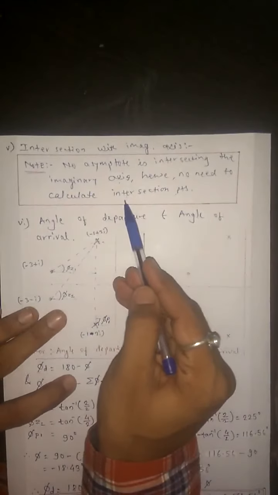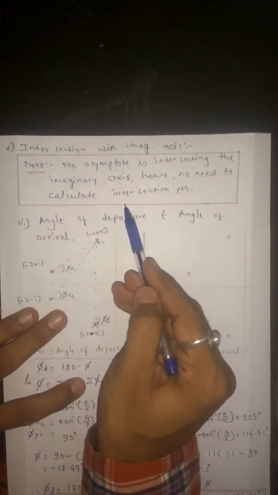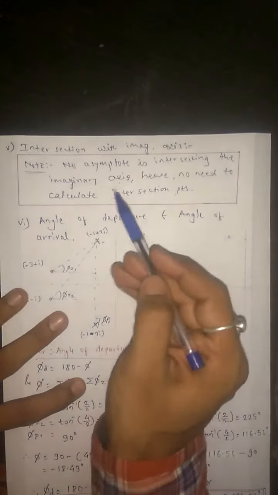Now the next step is intersection with the imaginary axis. In the asymptote step, no asymptote is intersecting the imaginary axis, hence no need to calculate the intersection point because we don't have an asymptote.